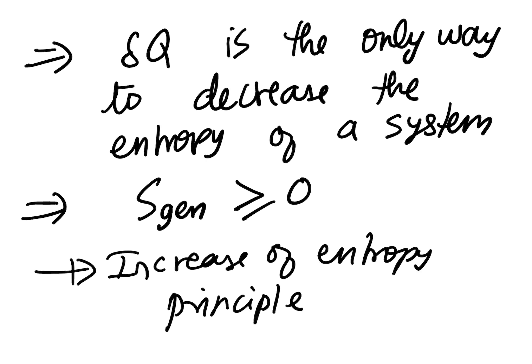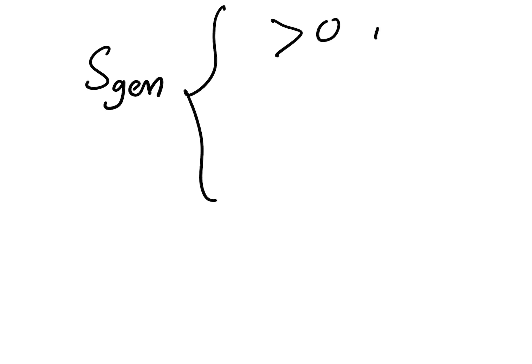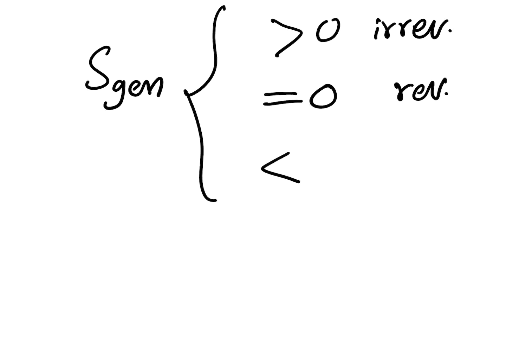In fact, it can be used to say that if the entropy generation in a particular process is positive, that would be an irreversible process. If it is equal to 0, that would be a reversible process. And if it is less than 0, it's an impossible process, or in other words, the process cannot take place theoretically.